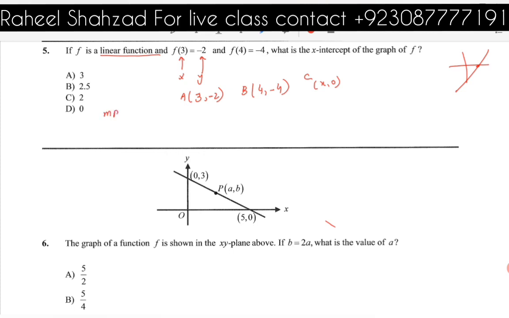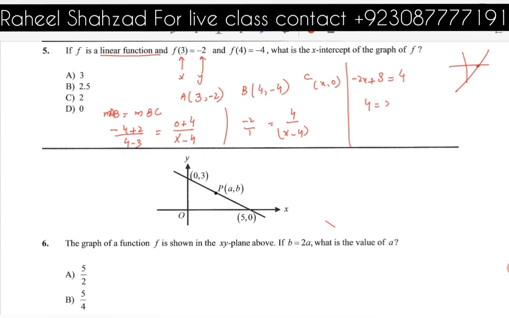And we know that if it is a straight line, the gradient of AB is always equal to the gradient of BC. So that's equal to (minus 4 plus 2) divided by (4 minus 3) is equal to (0 minus 4) divided by (x minus 4), and we have minus 2 divided by 1 is equal to minus 4 divided by (x minus 4). We do cross multiplication here, that be minus 2x plus 8 equals minus 4.